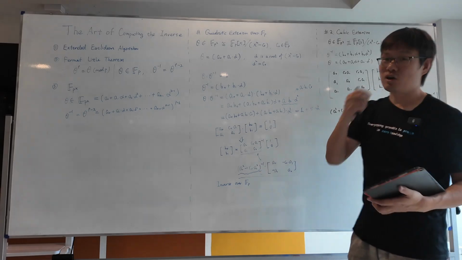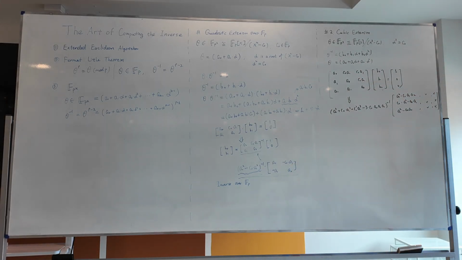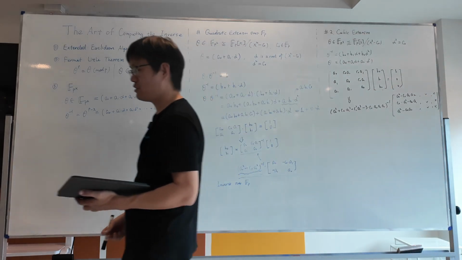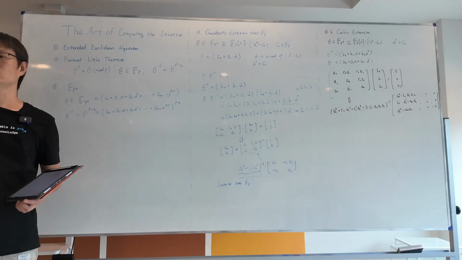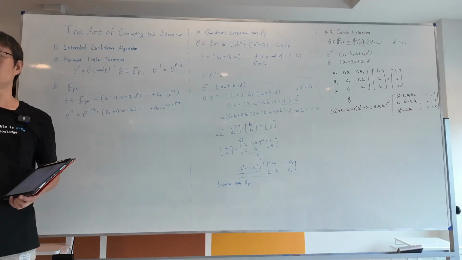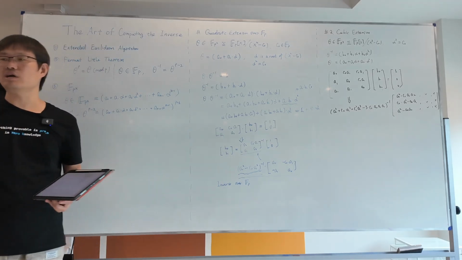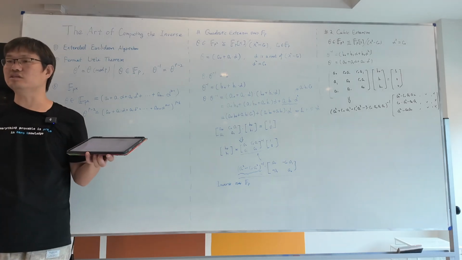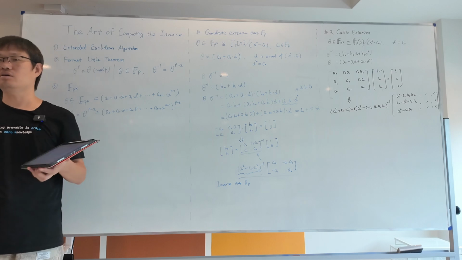So how about the quartic extension? The quartic extension is commonly seen over, for example, a small field, because a small field is about 21 or 22 bits long. To achieve enough security bits, we have to do at least a quartic extension over, for example, M31 or Baby Bear.